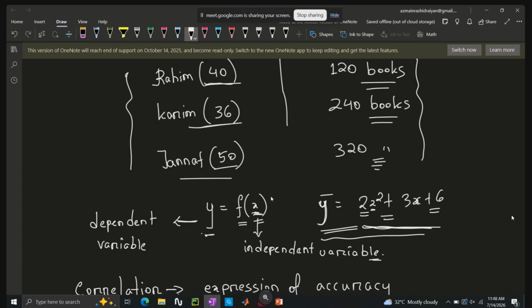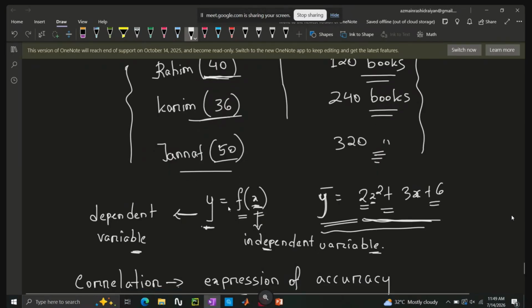Let's say if someone receives 40 phone calls, then we want to find out the number of books that he has sold. In that case, the number of phone calls will be the independent variable and our dependent variable will be the number of books sold. So this is how the dependent and independent variable can be distinguished.